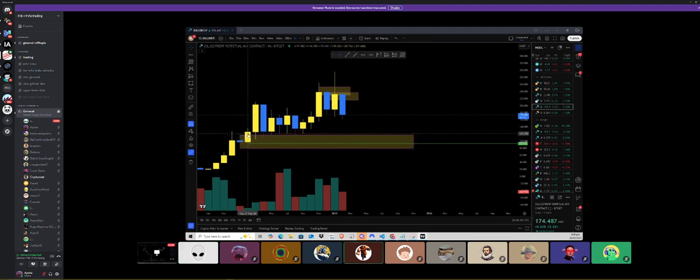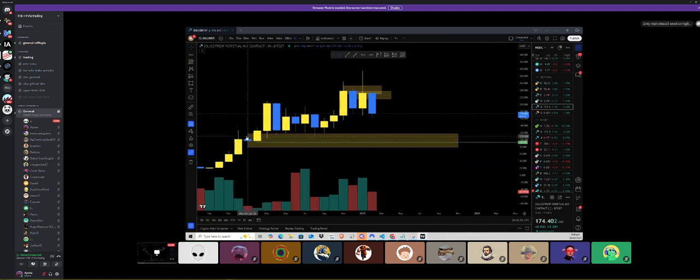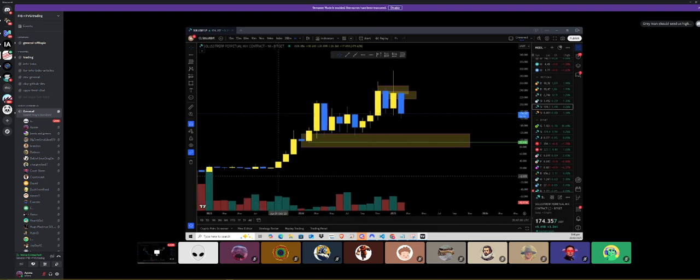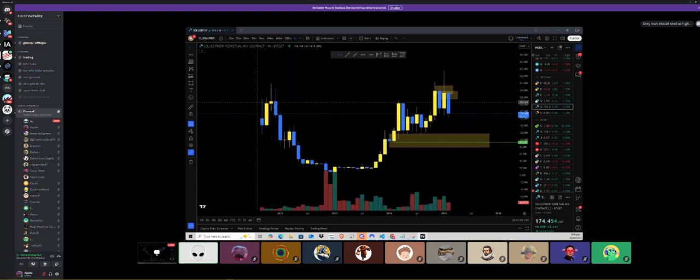Distribution, accumulation. You sort of see that as a fib trade. The difference with support versus fib trades is support starts from wicks. Fib trades start from bodies. But that was a formation of support, and it ran into this, which is a formation of resistance.